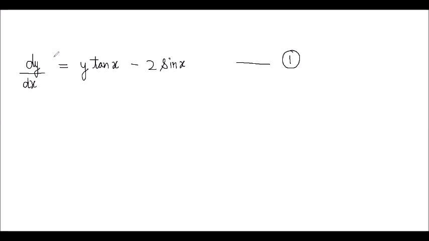Now we can see here that this differential equation is a linear differential equation. So first of all, we will be writing it in the general form where the coefficient of dy by dx is 1. Already in the given equation, the coefficient of dy by dx is 1. Let us rearrange it.